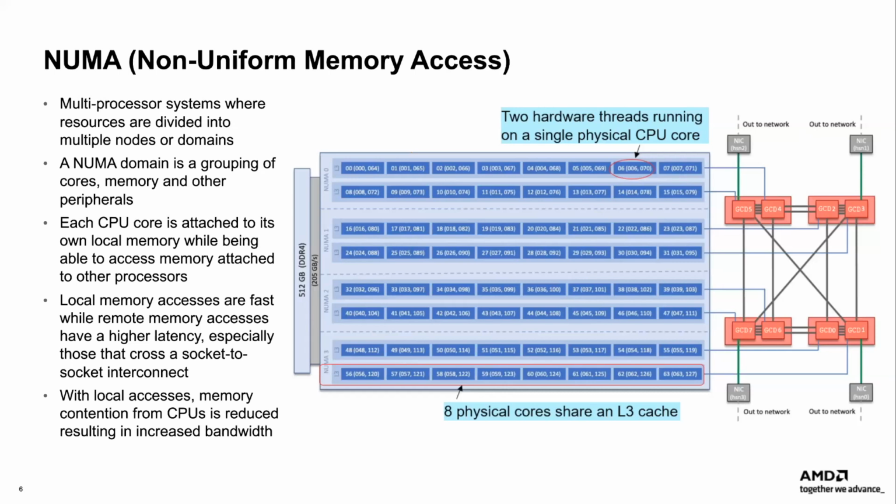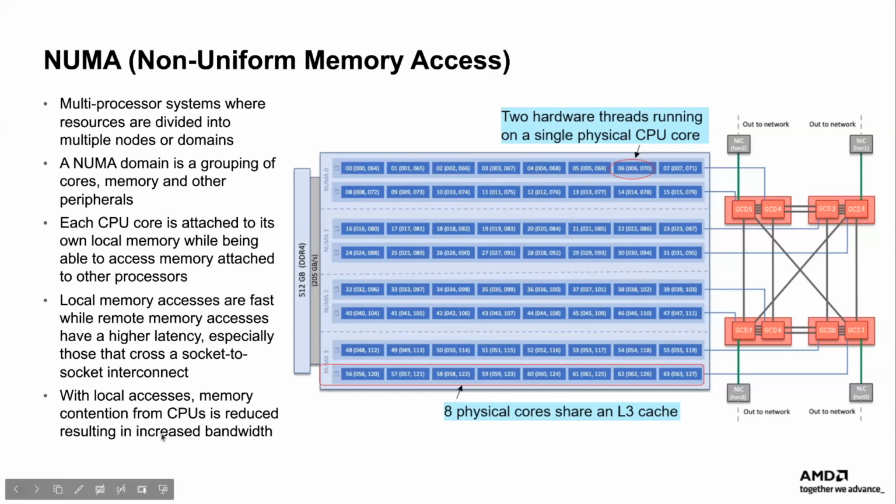So what does this help us with? Local memory accesses are faster, while accesses to memory nodes that are in other NUMA domains will be slower. They will have higher latency, and especially if you had multiple sockets in your system, those accesses will take even longer because the socket-to-socket interconnect is not as fast.